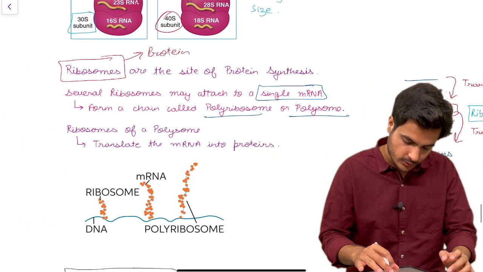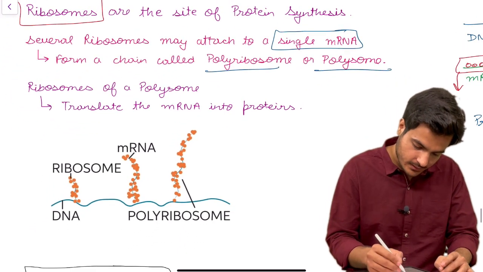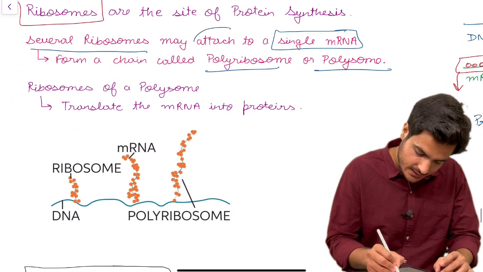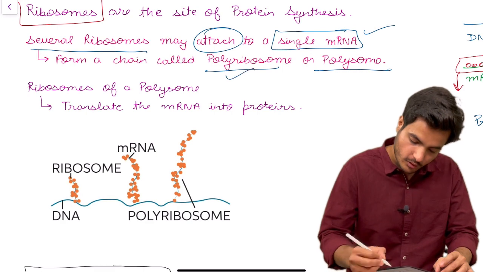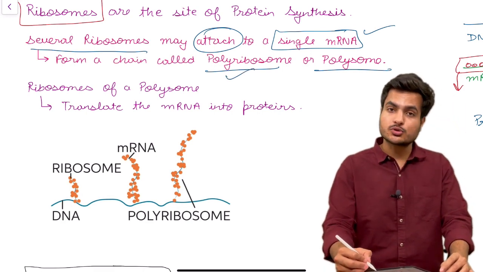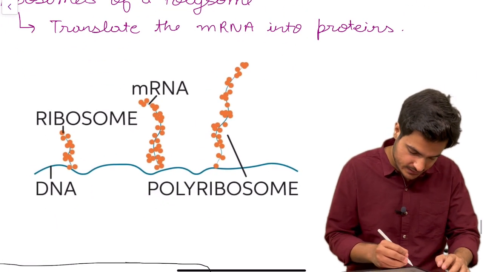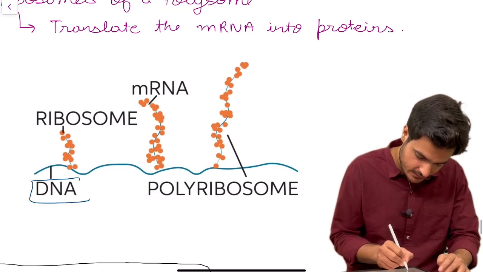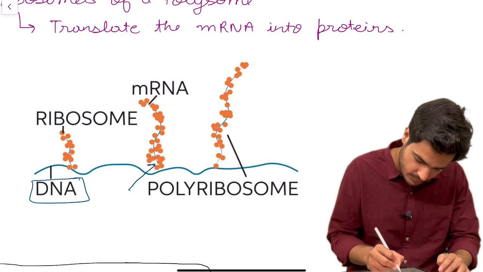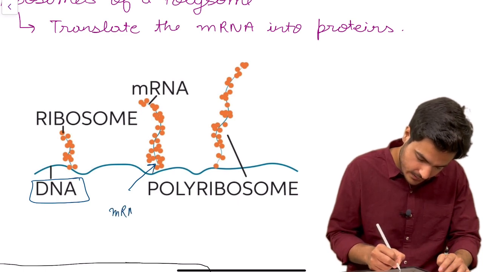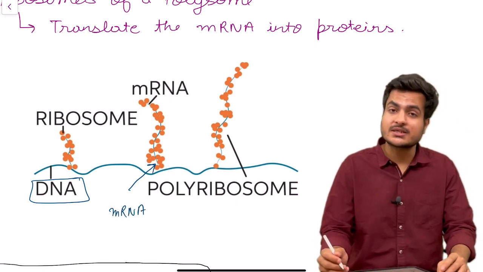So this is only told here. When several ribosomes attach to a single mRNA, they form a chain called a polyribosome, or we can also call it a polysome. In this diagram we can see this blue colored thing is DNA. From DNA we have formed mRNA. These orange colored structures are the ribosomes.